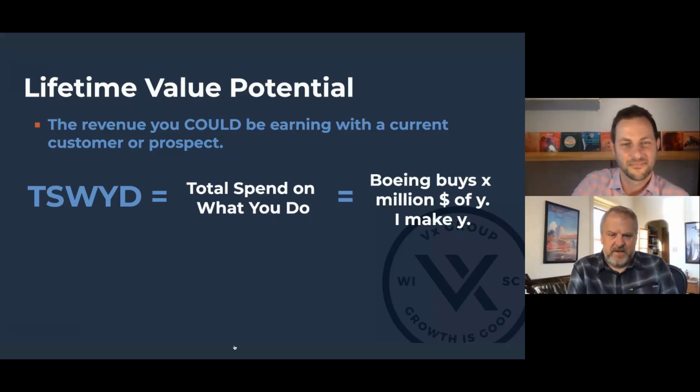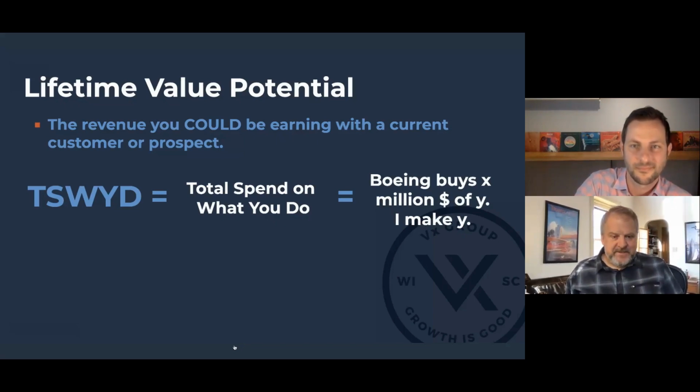In the example, using a large multinational like Boeing, Boeing buys X million dollars of Y. Boeing buys $300 million of carbon fiber material, and ultimately you make Y. So that total spend on what you do is the TSWID.